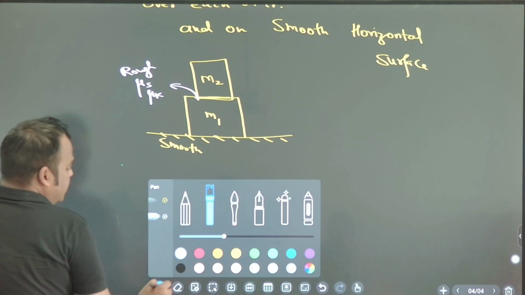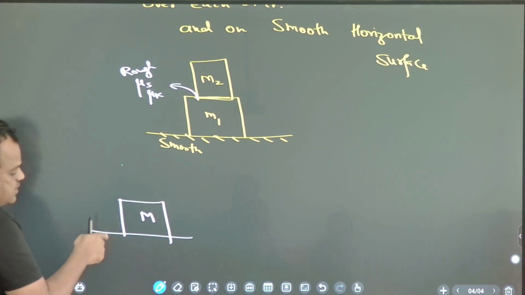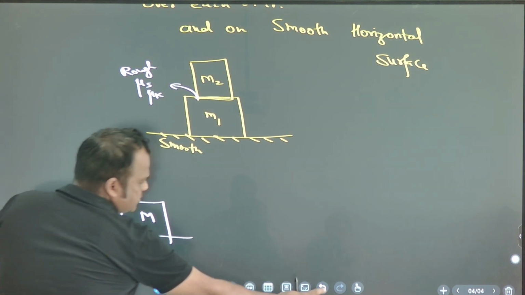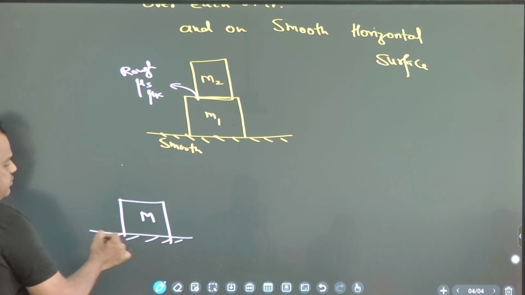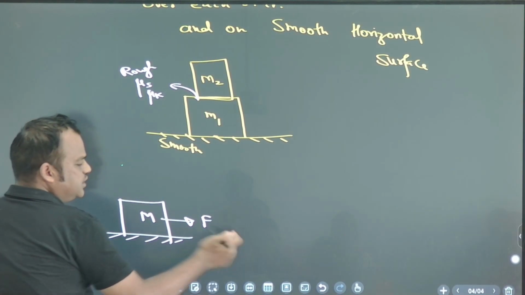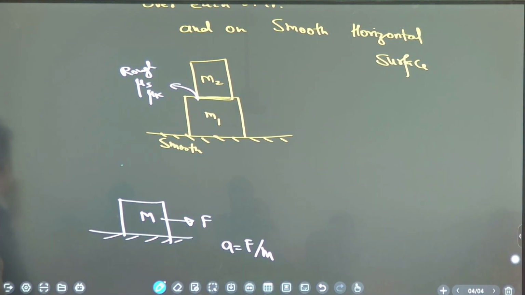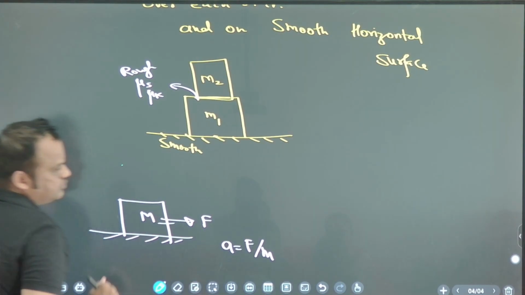Suppose one block is there and this is rough, or suppose it is smooth. Let's do smooth. If it is smooth, frictionless, so any force you exert, what is the acceleration? F by m. So even a very small force, the block will move.